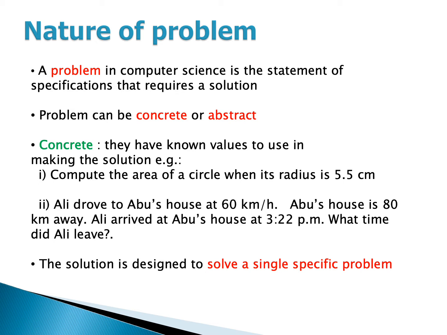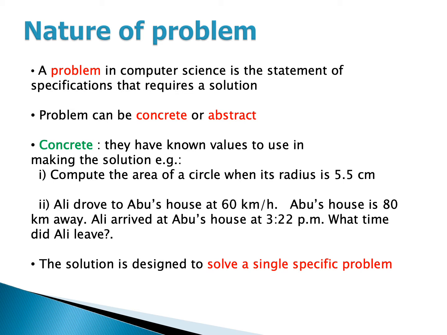How to calculate this? Using basic maths, we will do 60 km divided by 60 minutes and we will get 1 km per minute. So for 80 km away, it will take 80 minutes, which is equal to 1 hour and 20 minutes. So we're just changing it to hours and minutes.